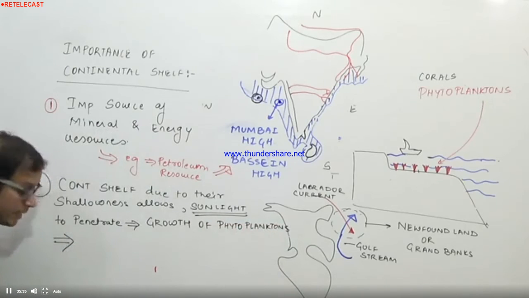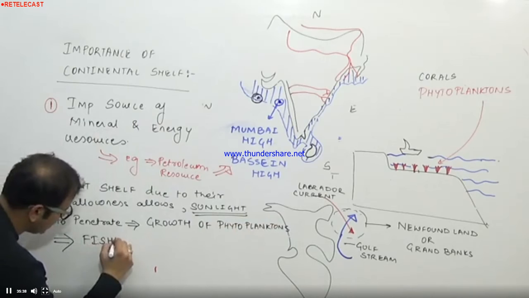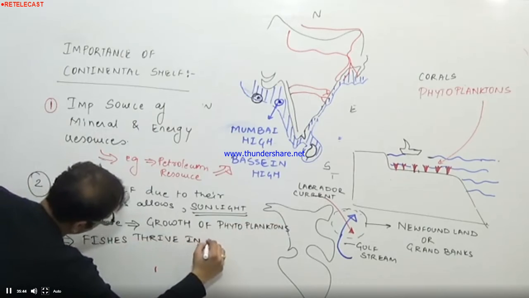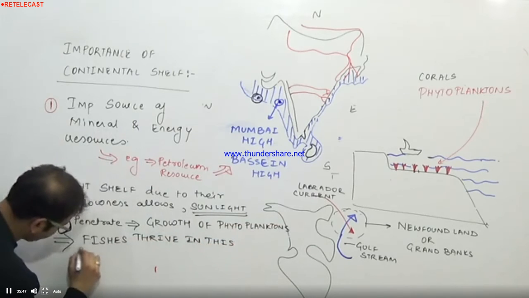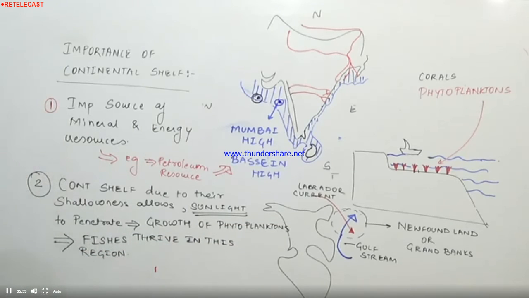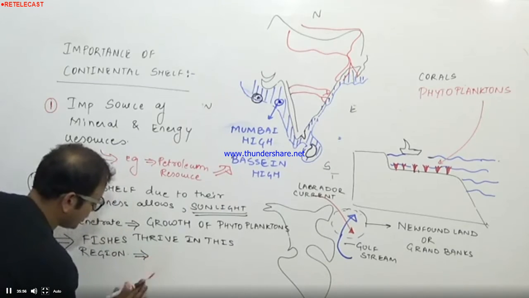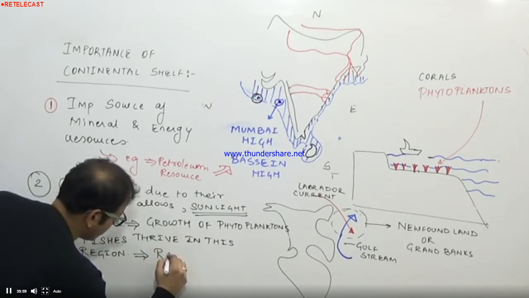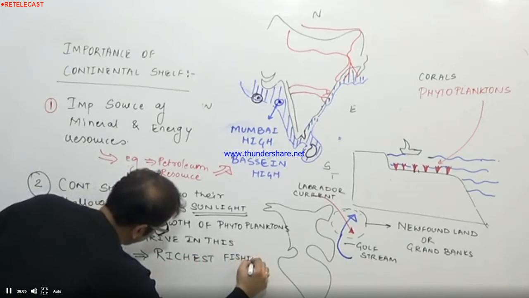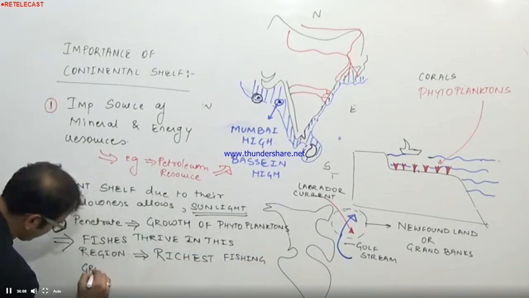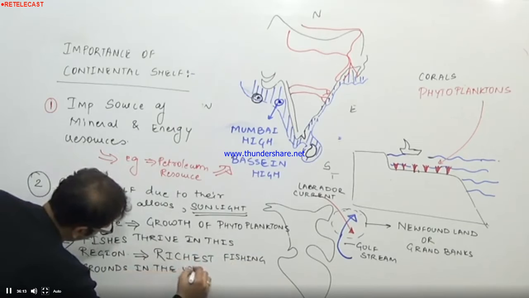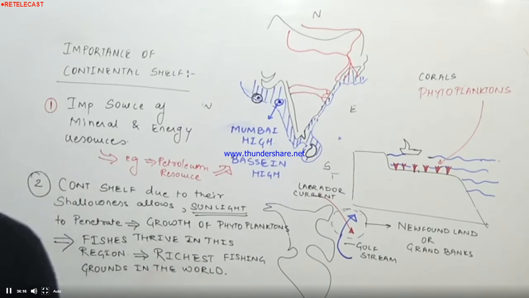What happens when the phytoplanktons grow? Fishes thrive in this region, and therefore these are the largest fishing grounds in the world. Therefore these are the richest fishing grounds in the world.